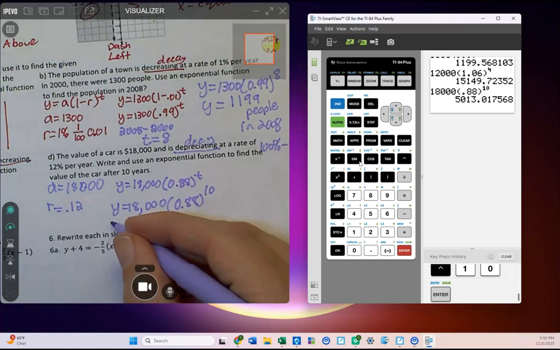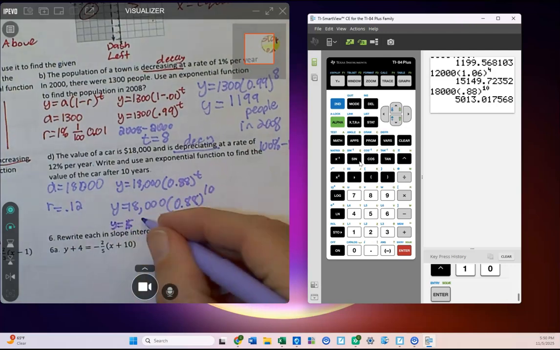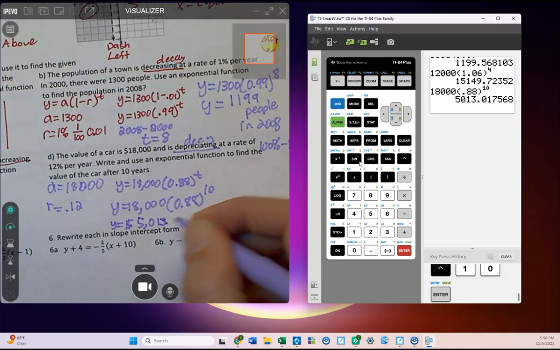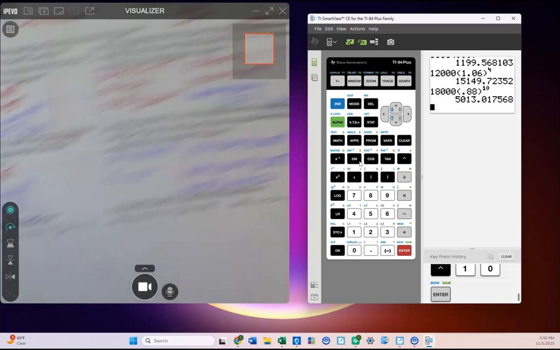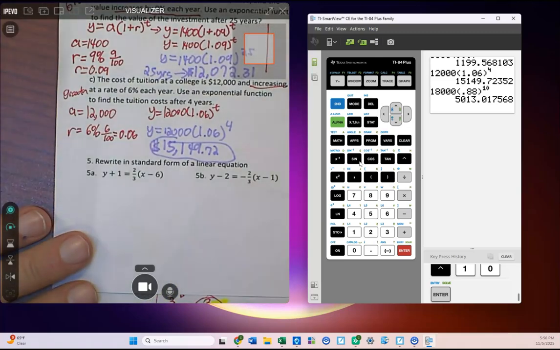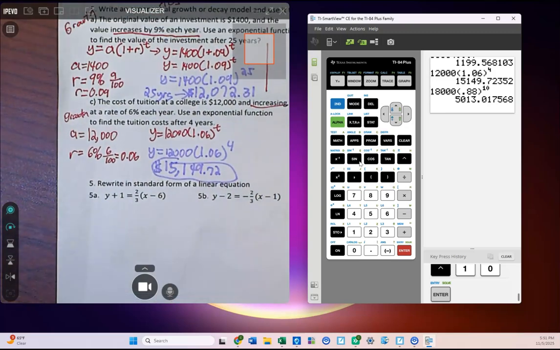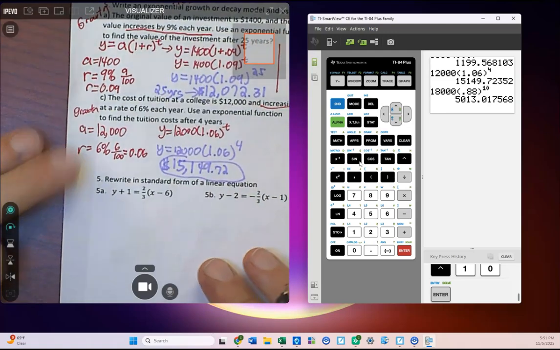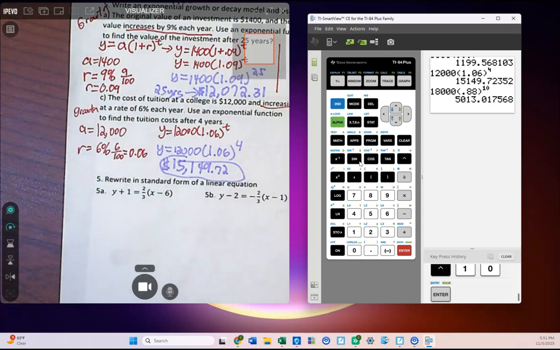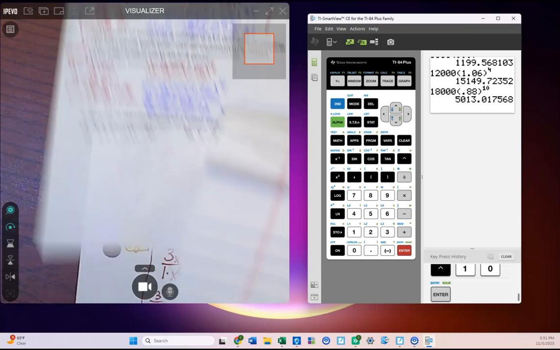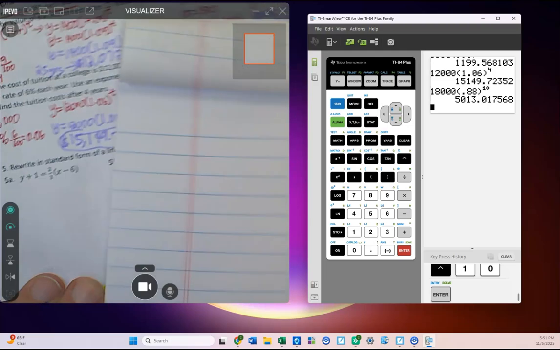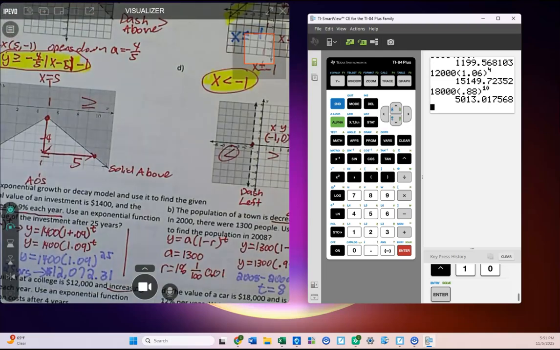Ugh, that's not good. Okay, I clearly did not give y'all enough space to do this problem. It says rewrite in standard form. Let me get my notebook paper out. I didn't give you enough space, or myself. Okay, I'm done with the calculator.